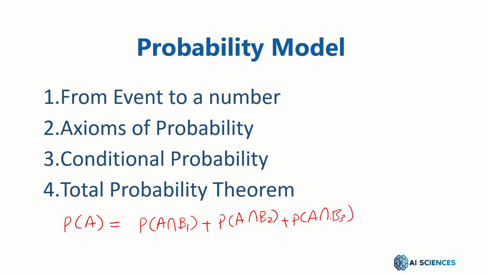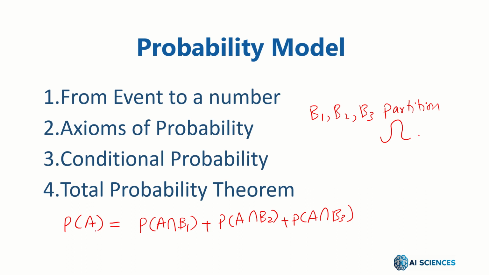I will shortly tell you what we mean by B1, B2, and B3. Assume B1, B2, and B3 are disjoint events and they form a partition of the sample space.